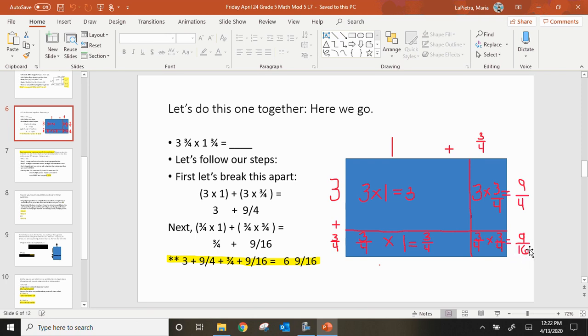So I'm using 16 as my common denominator, and when I add 3 plus 9/4 plus 3/4 plus 9/16, I'm going to get 6 and 9/16. That's going to be my final answer.